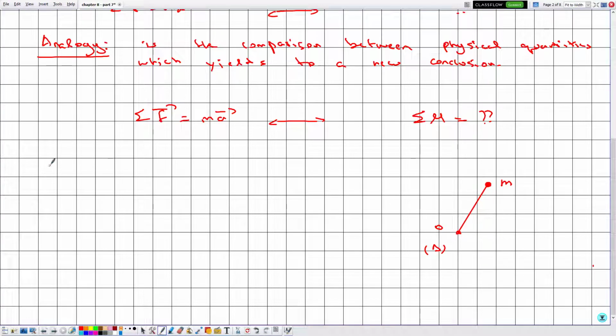Let me consider a solid S connected to the axis of rotation delta passing through O through a massless rod.